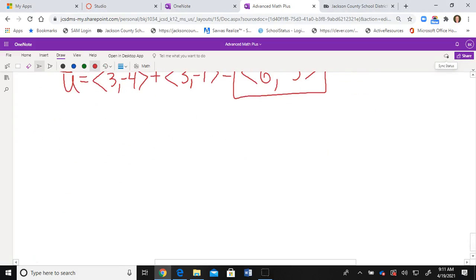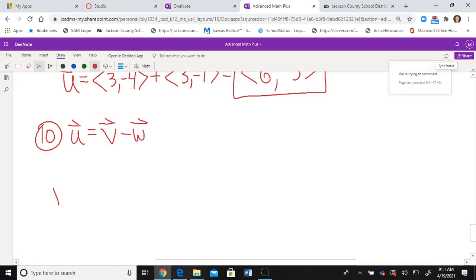Number 10. Same process, but instead of adding V and W, what are we doing? Subtracting them, right? So vector U equals vector V minus vector W. V, once again, was 3, negative 4. Minus W is 3, negative 1.